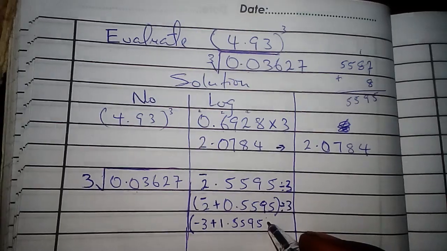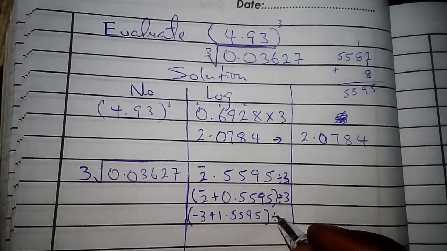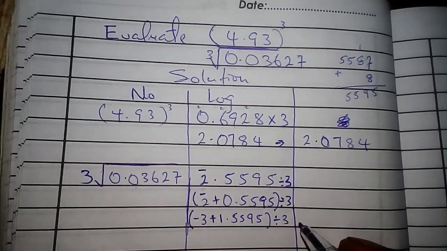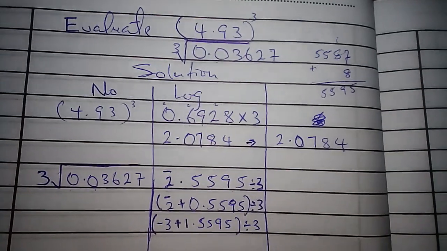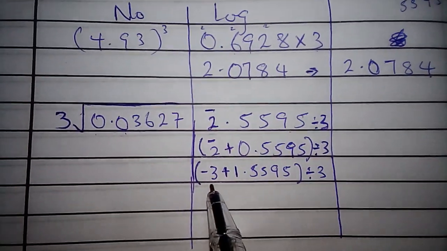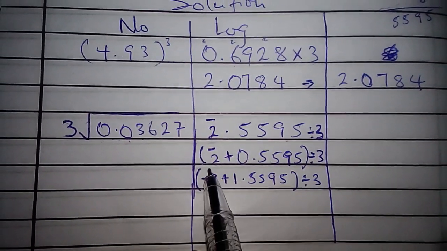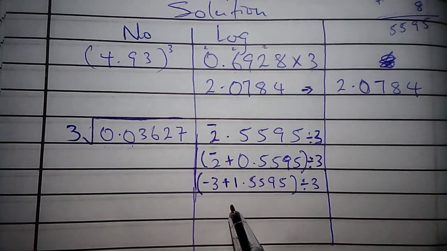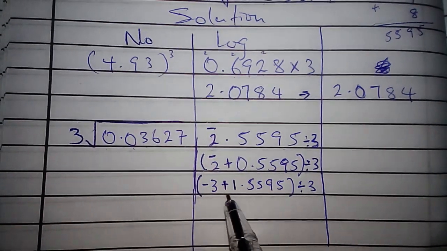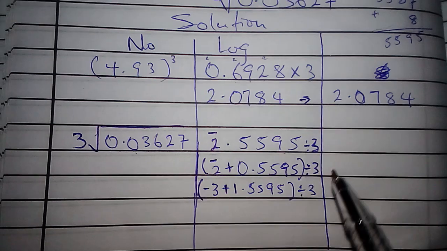Open bracket, close bracket by 3. So it will give us what we want, because minus 3 plus 1 gives us minus 2. So it's still the original of this.